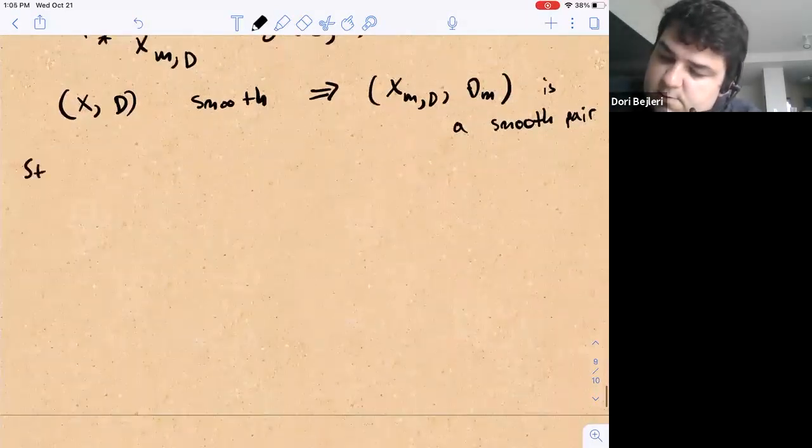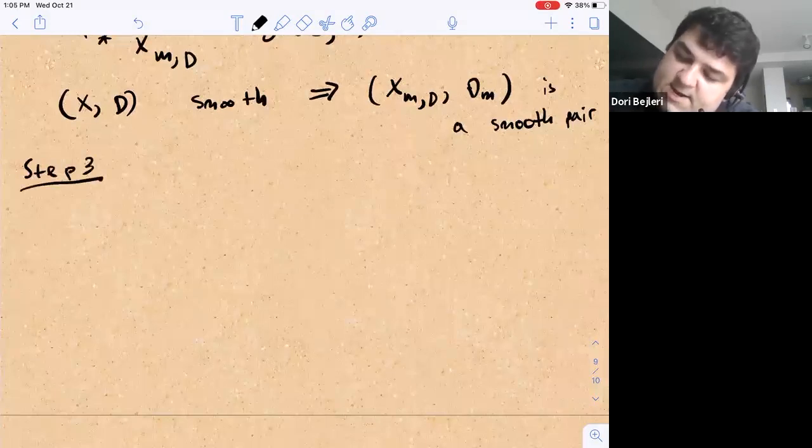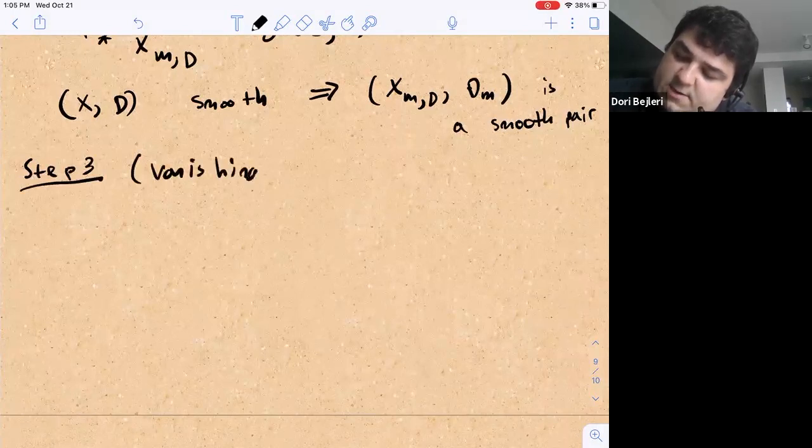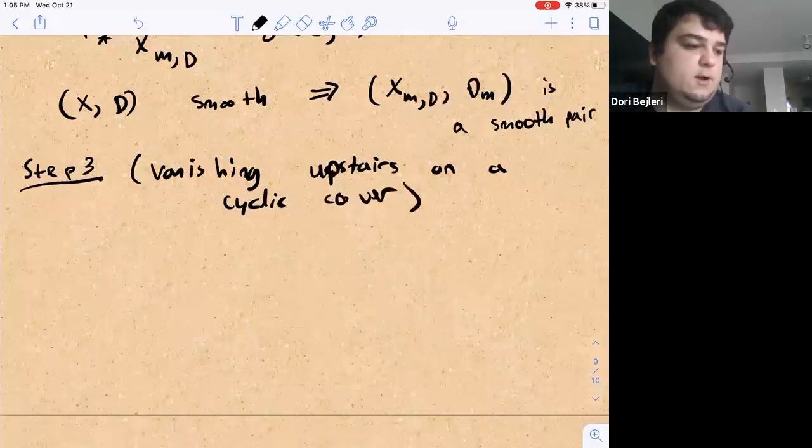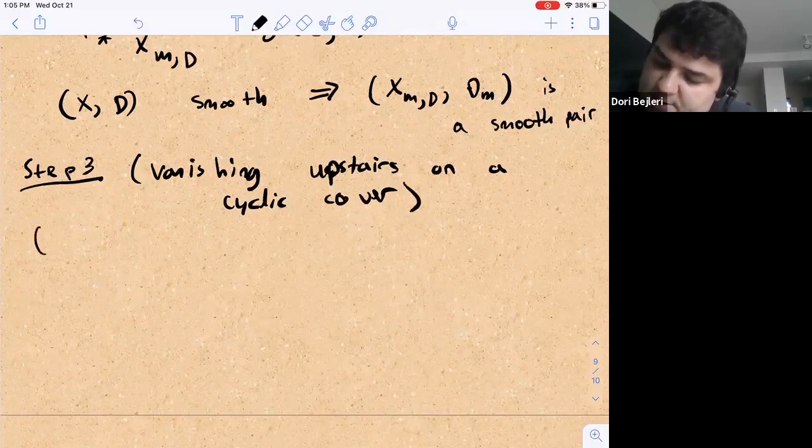So now we're back to our setting. And then in step three, we're going to show the vanishing upstairs on a root. So now we're in our setting of X, L as in the hypotheses.